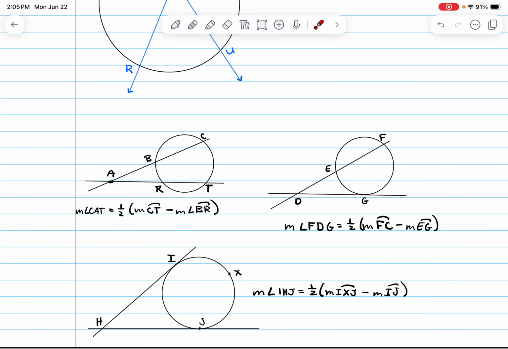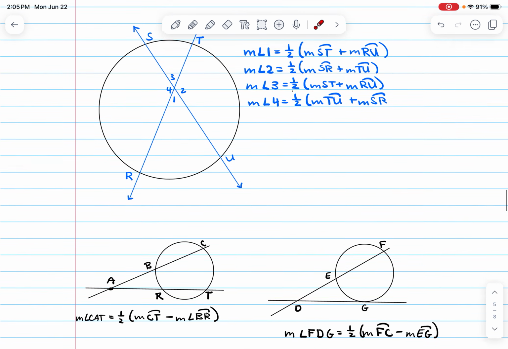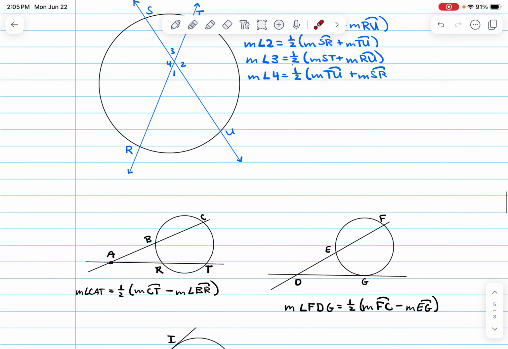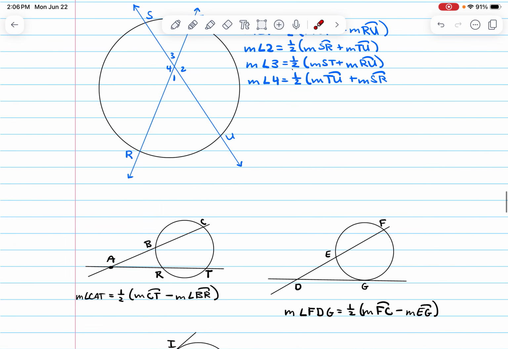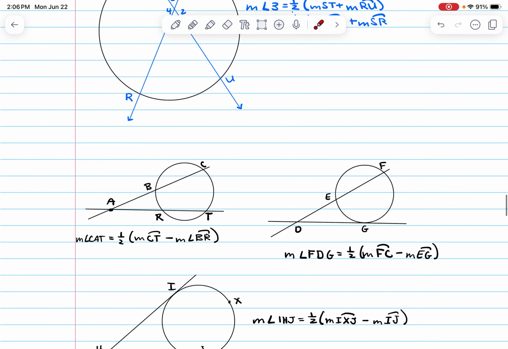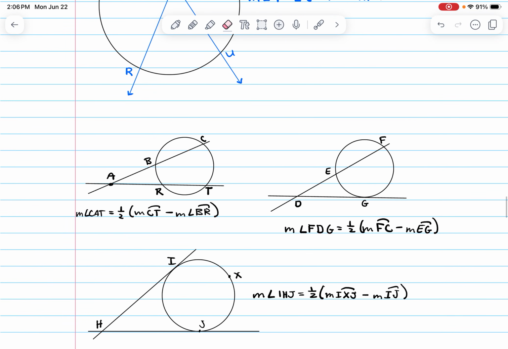Now, let's look at this. Notice that these secants intersected inside the circle. Now let's look over here at a couple of secants, and they intersect outside the circle.